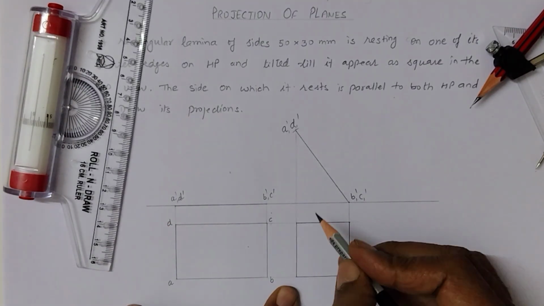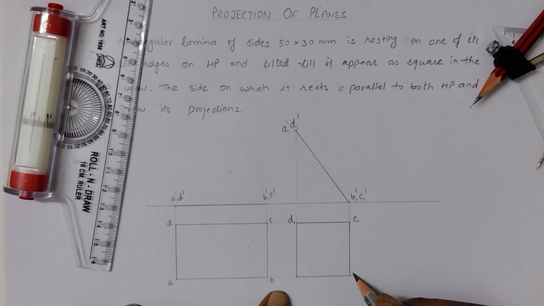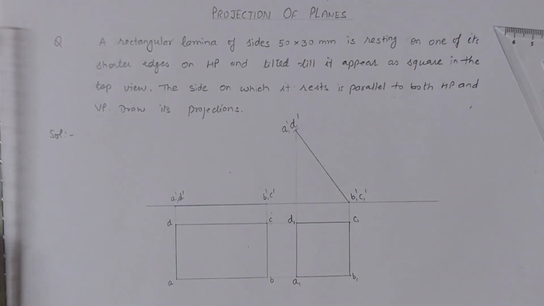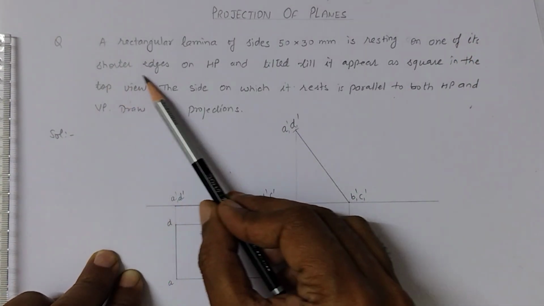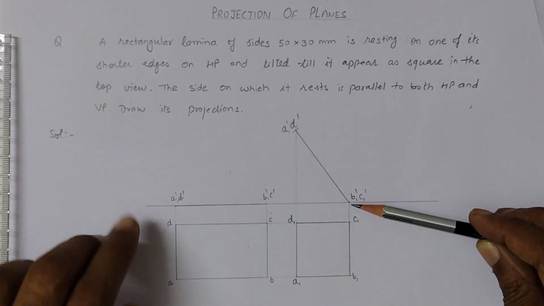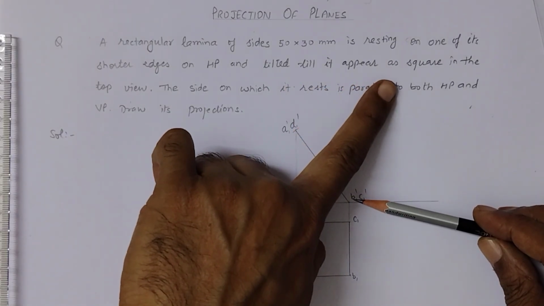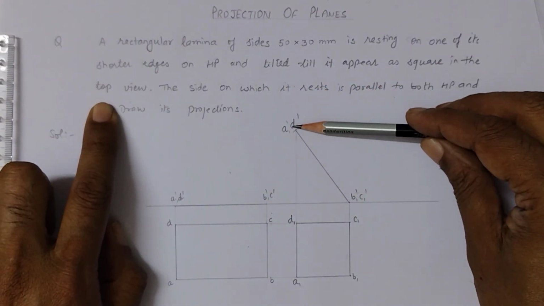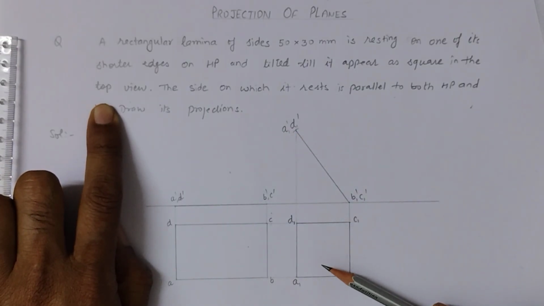On this side the points are D1, C1, B1, A1. So this satisfies the condition that one of its shorter edges is on HP, and it is tilted till it appears as a square in the top view.